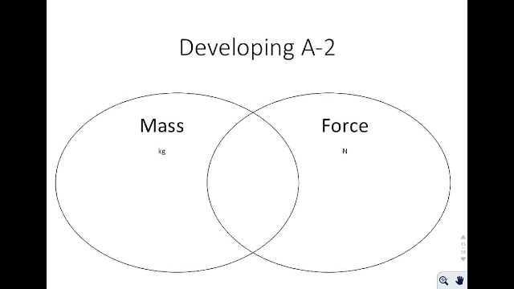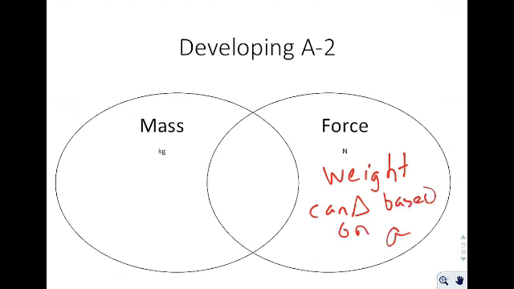So now we want to compare mass and force. A lot of times these two things tend to be mingled in a way which they shouldn't. An example of a force is weight. A lot of people say, oh, I weigh this much. You shouldn't be doing that. You should be saying, I have this much mass, because your weight can change based on where you are.